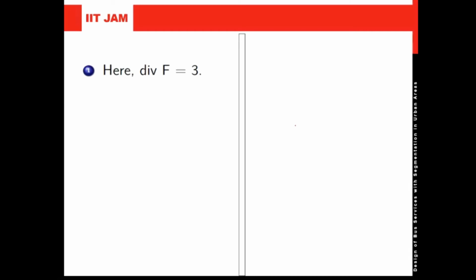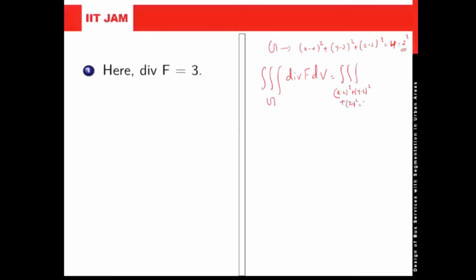Now the divergence of F is 3, and our surface is (x minus 2) whole square plus (y minus 2) whole square plus (z minus 2) whole square is equal to 4, that is equal to 2 square. The radius is 2. Therefore, the triple integral over G of div F dV is equal to the triple integral over the sphere, (x minus 2) whole square plus (y minus 2) whole square plus (z minus 2) whole square equal to 2 square, of 3 dV.